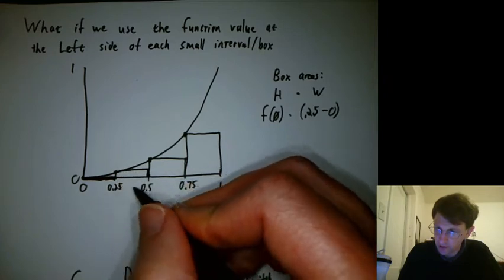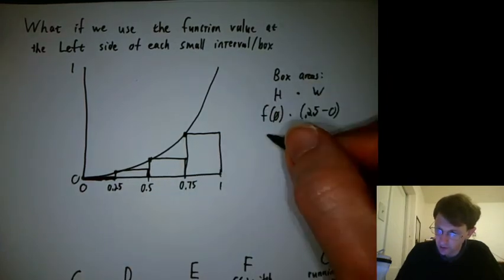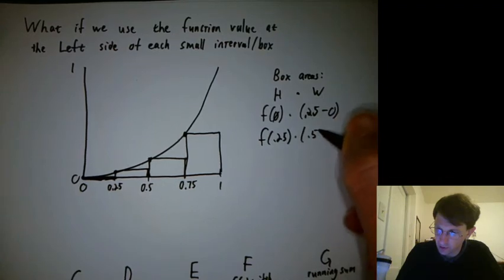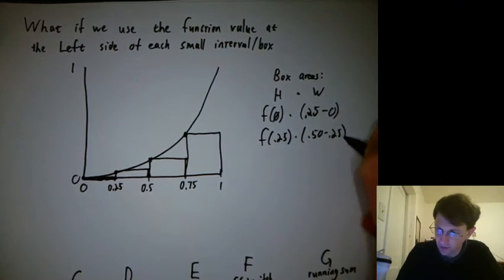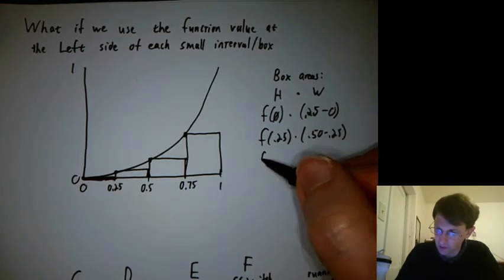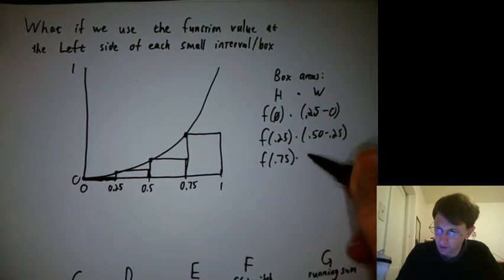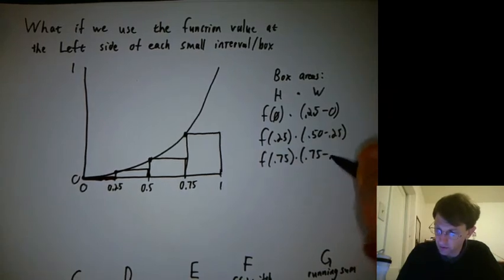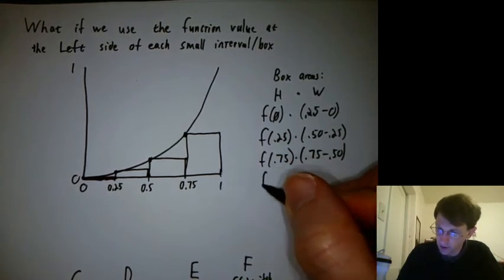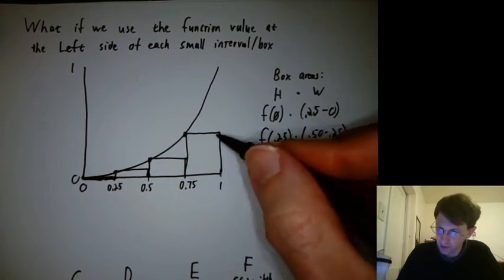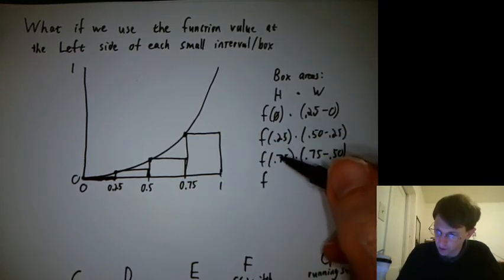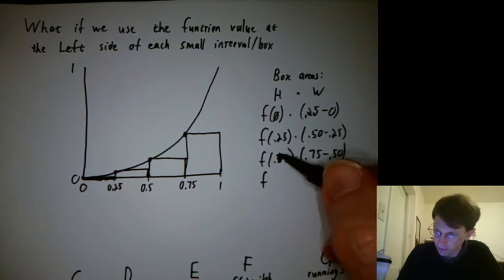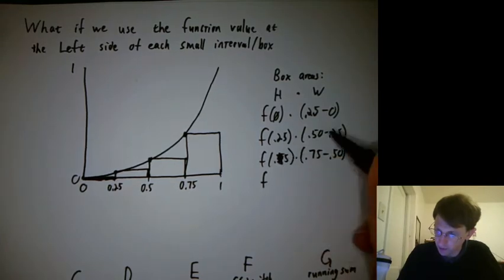What's the height of this box? It's f of 0.25 and a width of 0.5 minus 0.25. What's the height of this box? It's f of 0.75 times a width of 0.75 minus 0.5. And the height of this box is, oh, I'm sorry, I skipped a box there, didn't I?